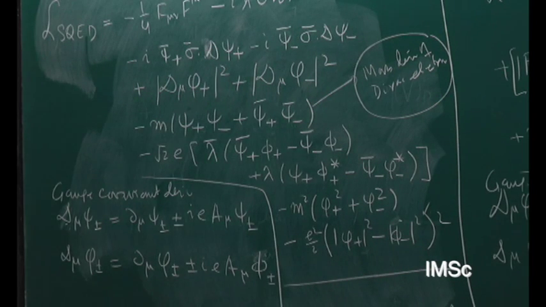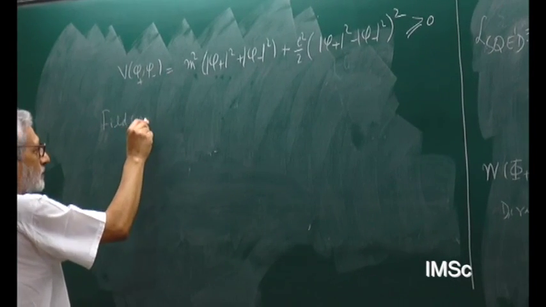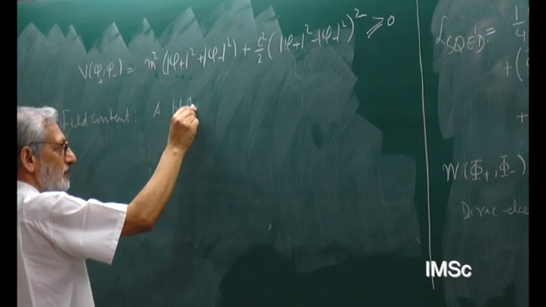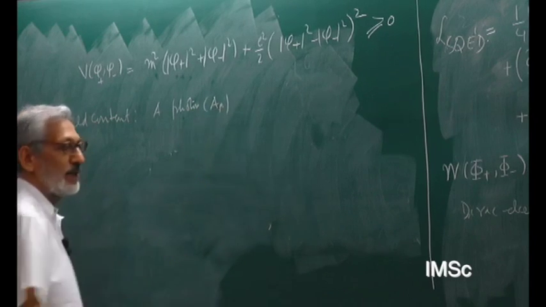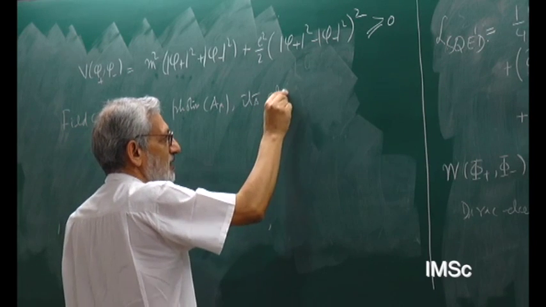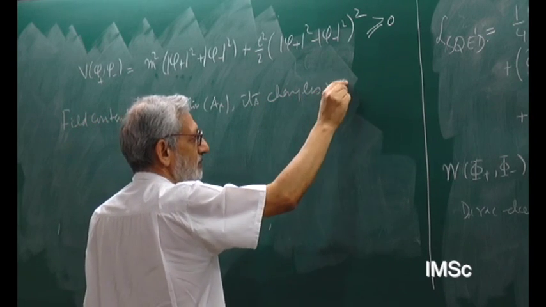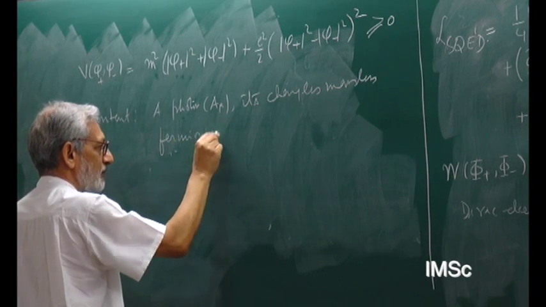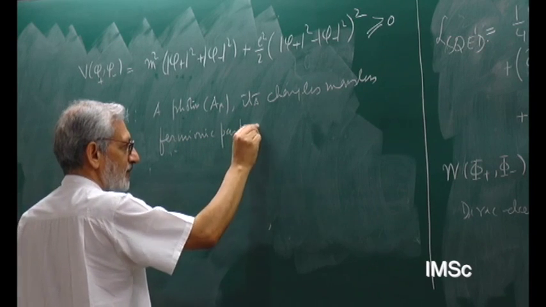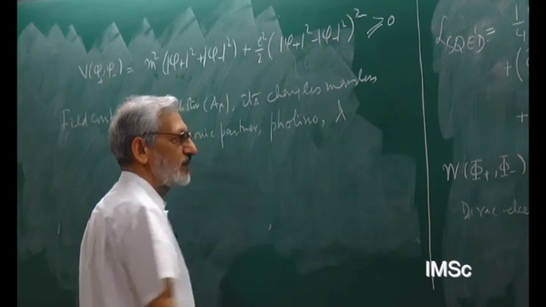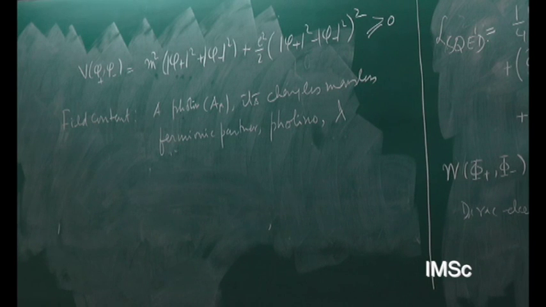So what do we have? The field content of this theory: a gauge field, a photon, given by the gauge potential A. Its chargeless, massless fermionic partner, the photino, represented by lambda here, is a Majorana fermion.